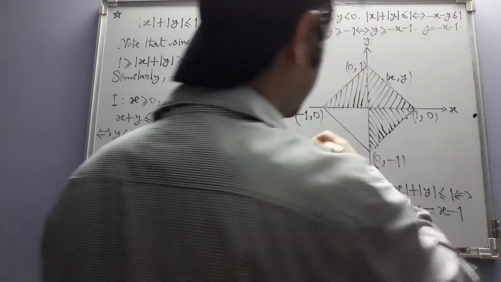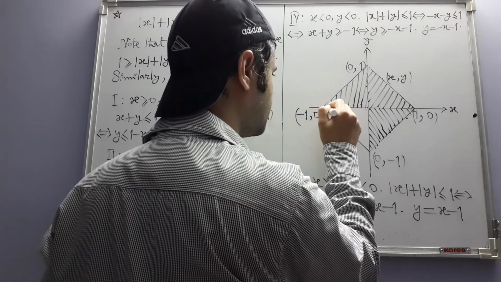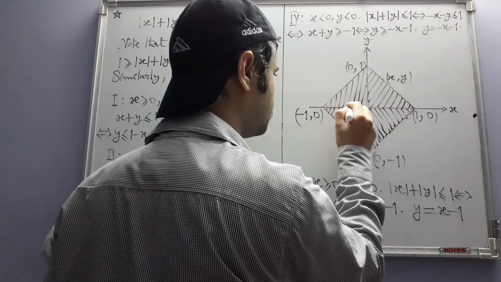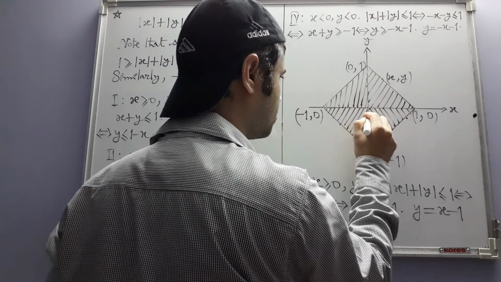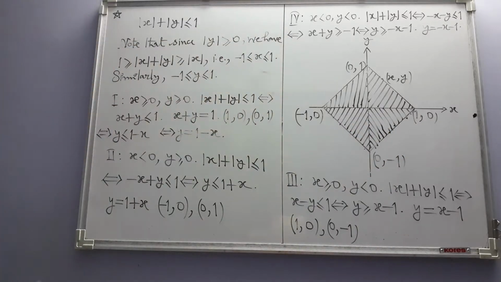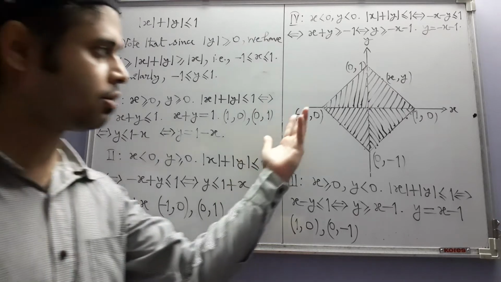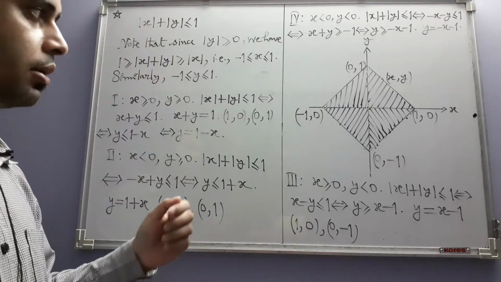And arguing just like in these other cases, you get this region. So this is the square, and along with its interior, that is the graph of this inequality.